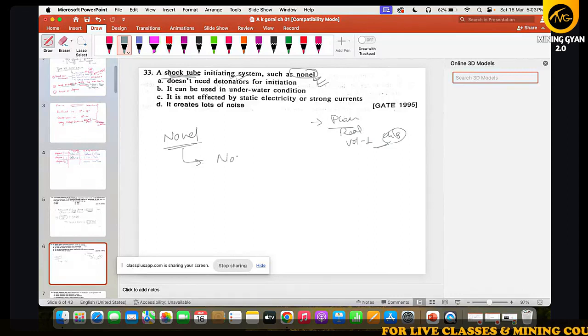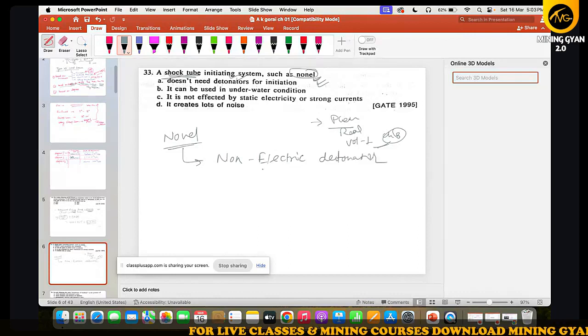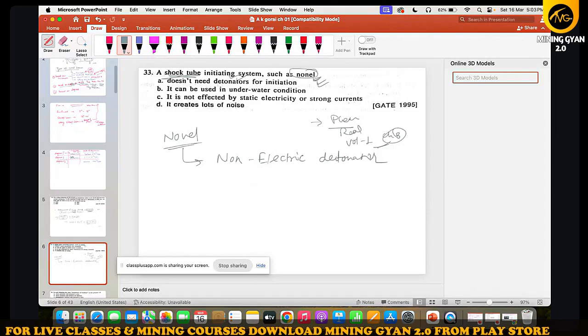Nonal is non electric detonator. Okay. So the nonal shock tube initiating system nonal, it does not need detonator for initiating.